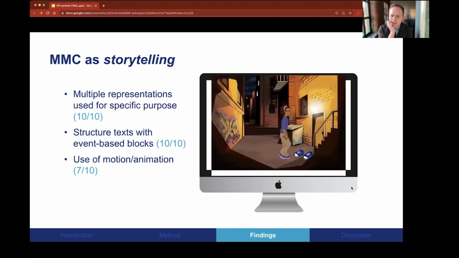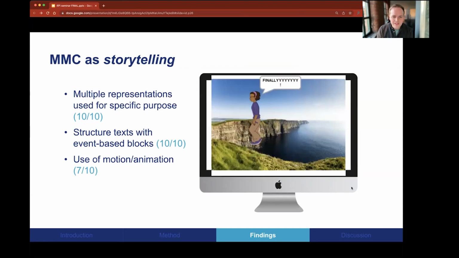Then they go down an alleyway. Then she gets captured, put inside a bin, or inside a room. Then they realize the door is unlocked. So she reappears again. Oh, I'm free. And then finally escapes to the Cliffs of Moher, and the video ends, and then she accidentally falls off. So quite a dark ending.